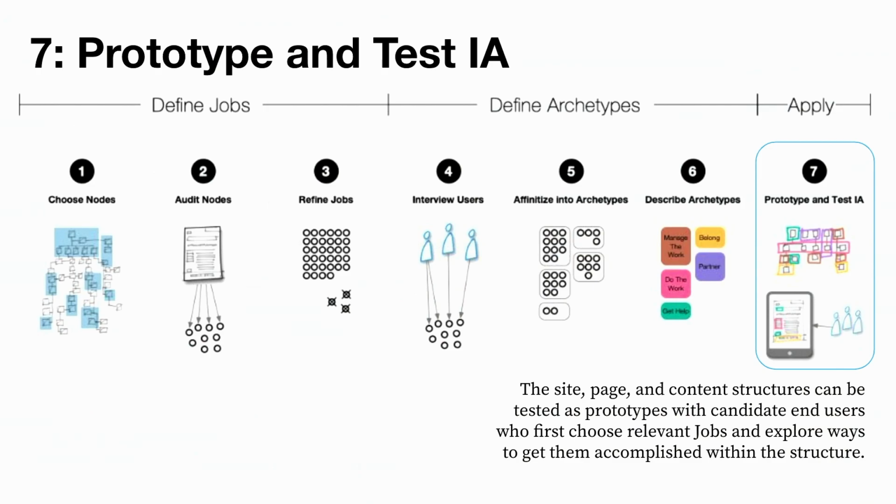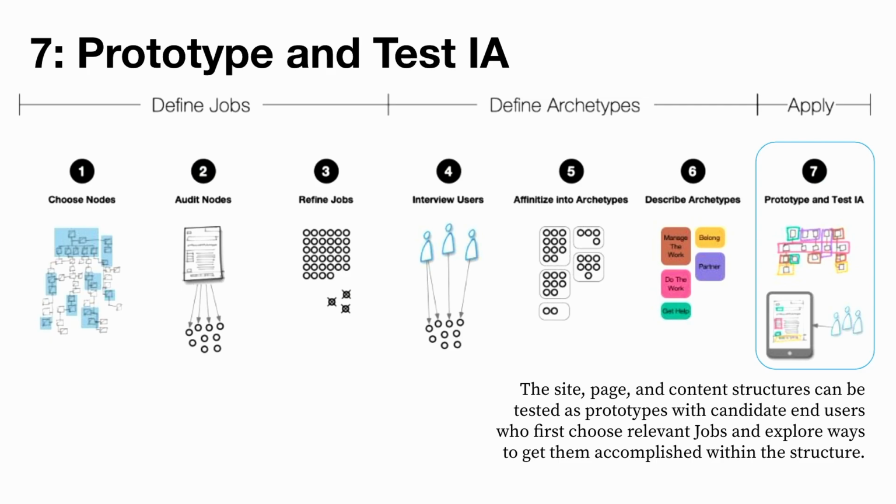All right, so we've got our archetypes defined. They represent the jobs that we've identified into these groups. And now it's time to use these to inform structure, inform content for the site, and inform the page layout. And so once we have that, we go into hypothesis, we go and test it with end users.